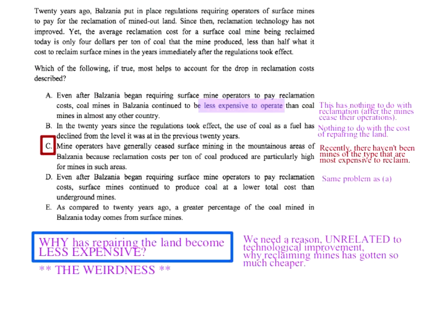And then a greater percentage, same problem as A. Like A, D, and E are all about what goes on with mining right now, which doesn't affect the cleanup cost. We're talking about after the mines are out of operation. How much does it cost to fix the damage?